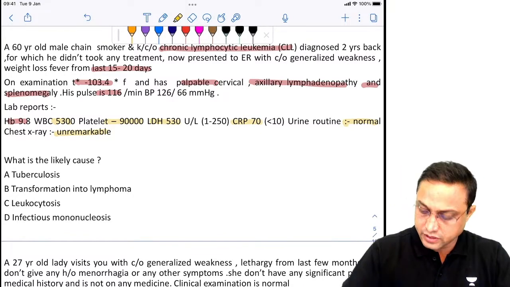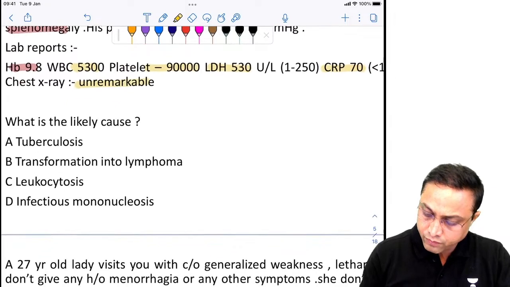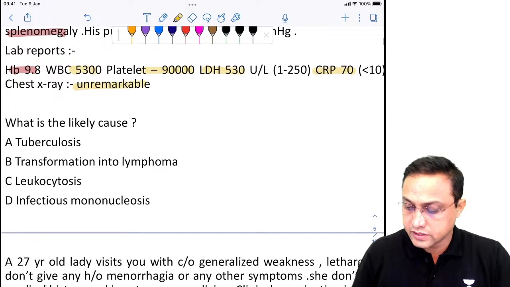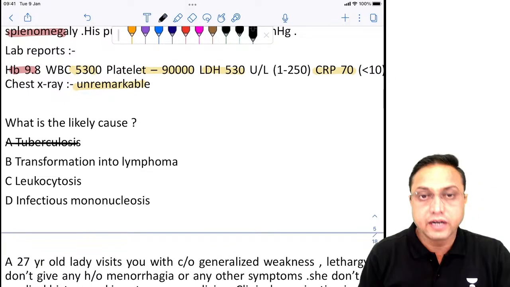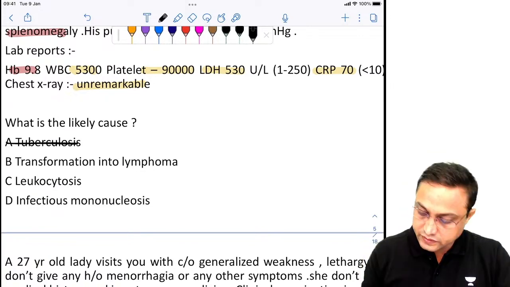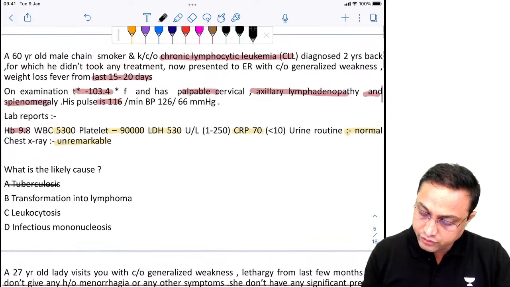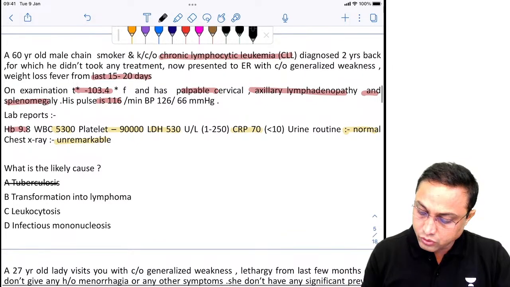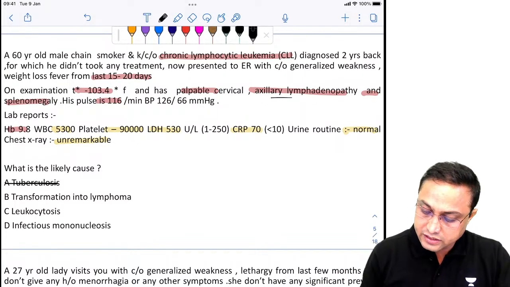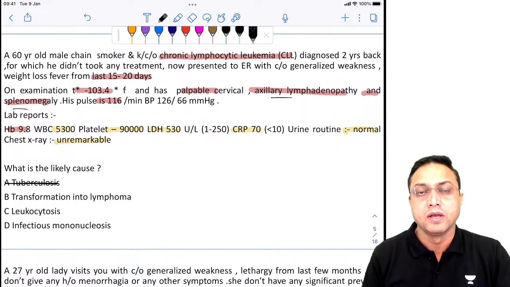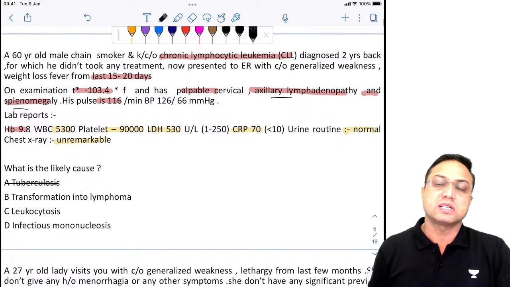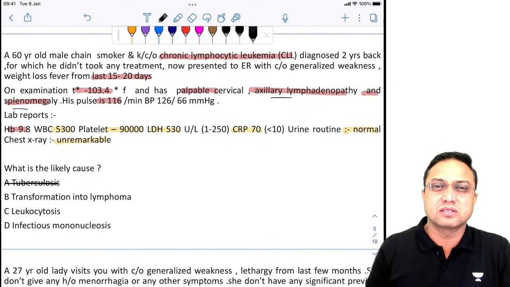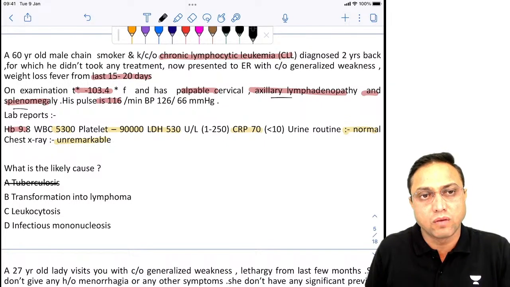So let's read the causes first of all. Is it going to be tuberculosis, guys? No, the answer is no. It's not tuberculosis. Why? Understand the concept. I do agree with your point that in tuberculosis we can find adenopathy and sometimes splenomegaly, but in tuberculosis isolated splenomegaly is rarely seen, first of all.